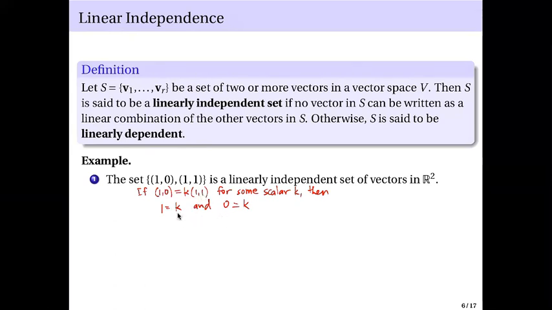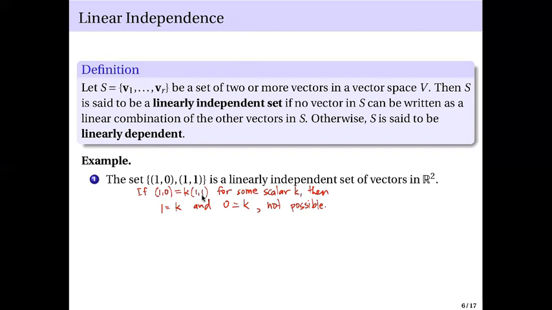But this cannot happen. k equals 1 and k equals 0. So this is not possible, which means there is no scalar k that will give us this combination. Meaning, this vector cannot be written as a linear combination of this. Or simply, this vector is not a scalar multiple of (1, 1).